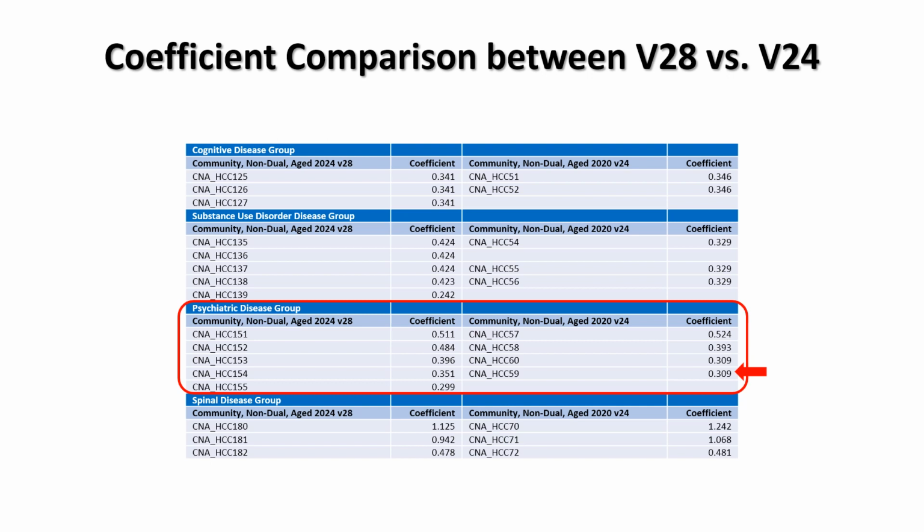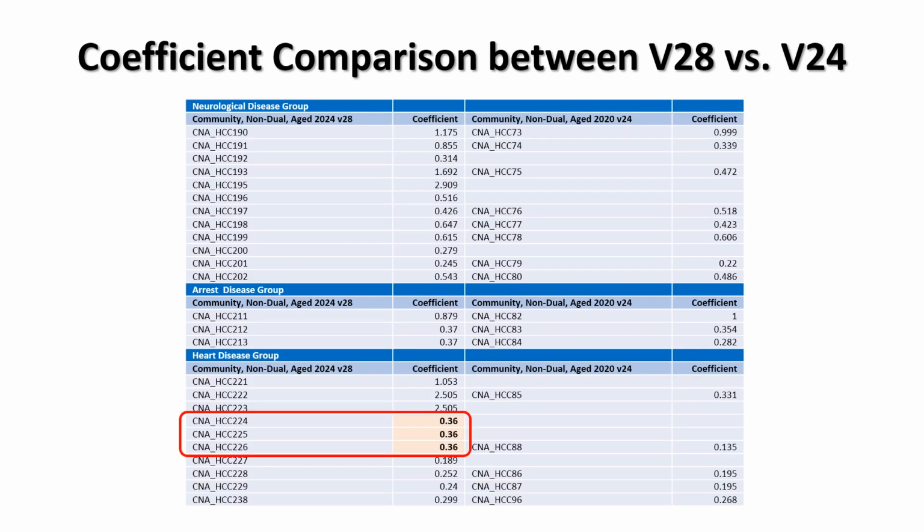Among them 425 ICDs are not in V28, 367 ICDs are mapped to V28 HCC 155, major depression without psychosis, 27 ICDs are mapped to V28 HCC 154, bipolar without psychosis, and 8 ICDs are mapped to V28 HCC 152, psychosis except schizophrenia.